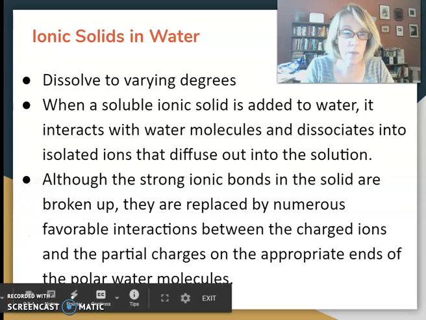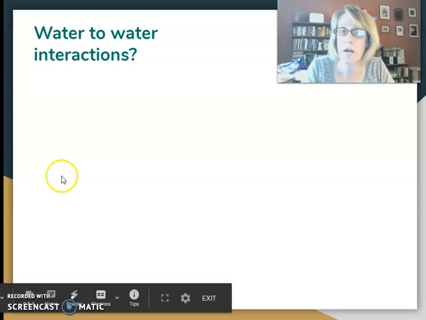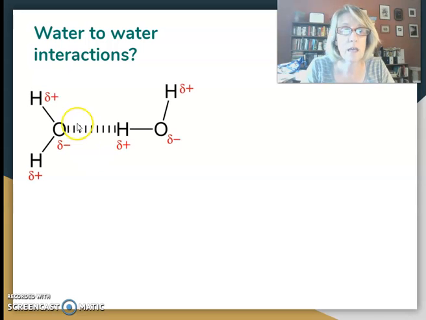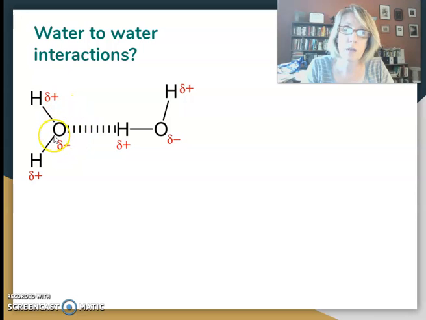So let's see what that looks like. Do you remember what water looks like and how it interacts with itself? Remember, water is a polar molecule, which means that the charge is not distributed evenly. In the case of water, the oxygen is going to attract those electrons a little bit more towards it. So you have this partial negative charge, and then the hydrogens get this partial positive charge.